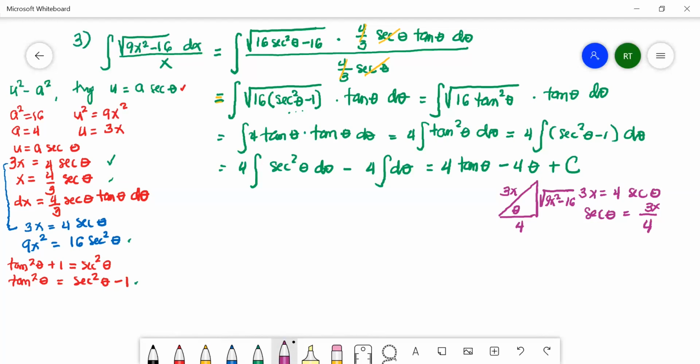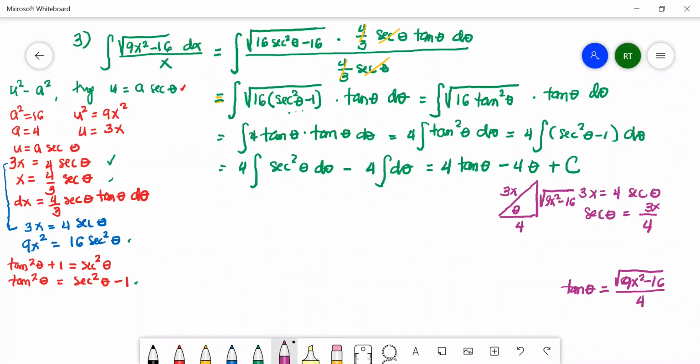Now, what do we need? We need tangent of theta, right? So tangent of theta is equal to opposite over adjacent side. The opposite side is square root of 9x squared minus 16 over the adjacent side 4.